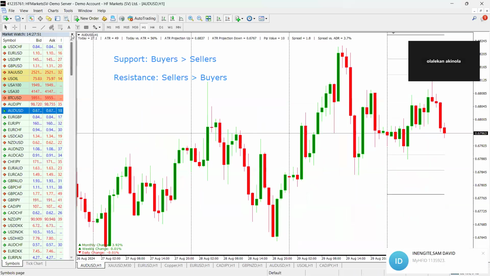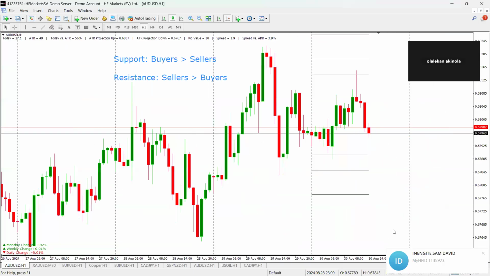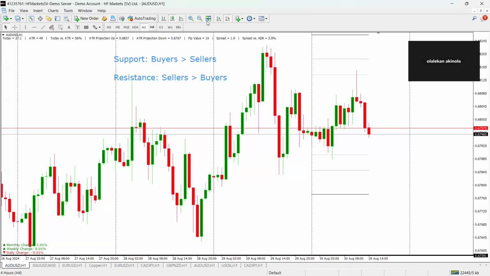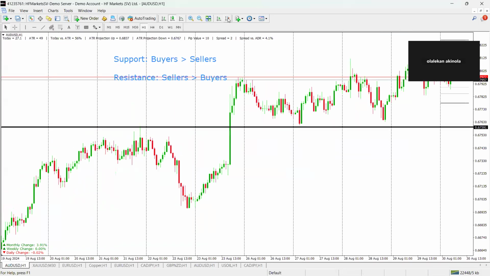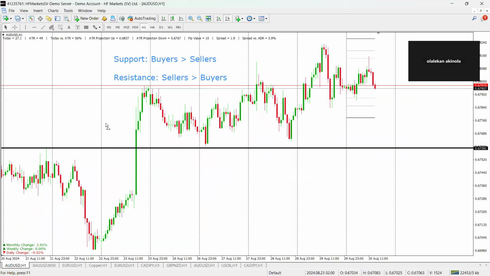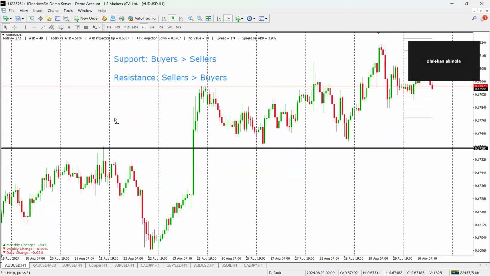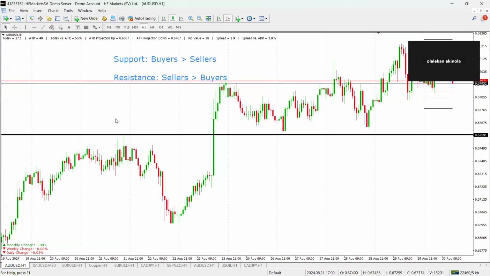You see, if you find a market that price has broken, let me tell you facts. Maybe you are in a particular market, you're analyzing a market, and you're looking for a really good support level to trade with or a really good resistance level to trade with.